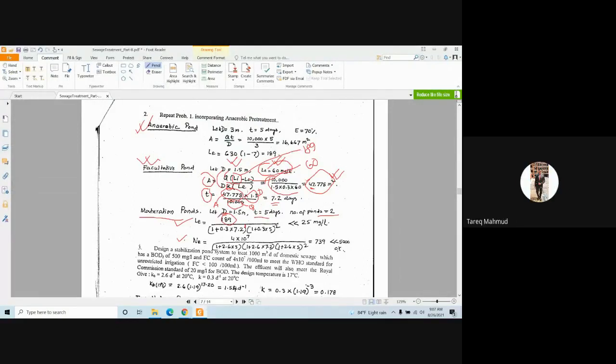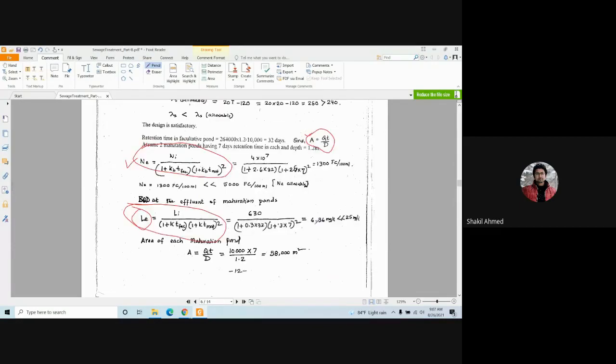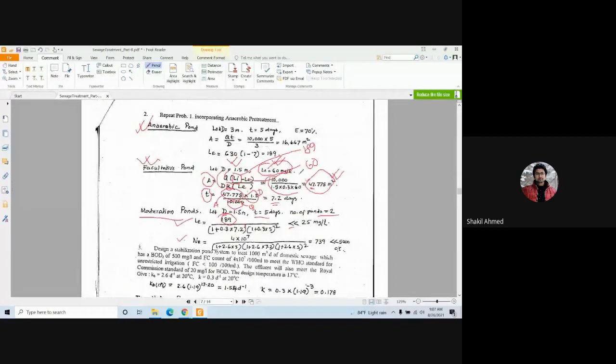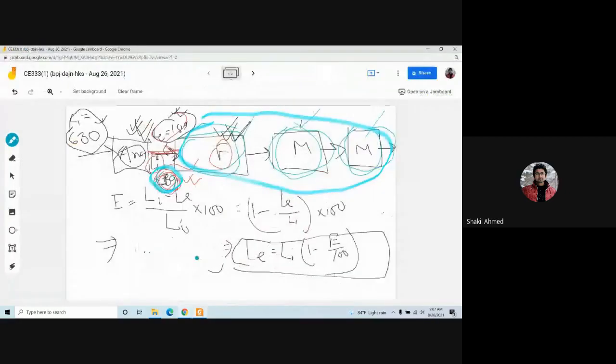Which is less than 25 milligram per liter, which is the standard value given here. So BOD loading is okay. Now for the fecal coliform, total coliform, we are dealing from here.